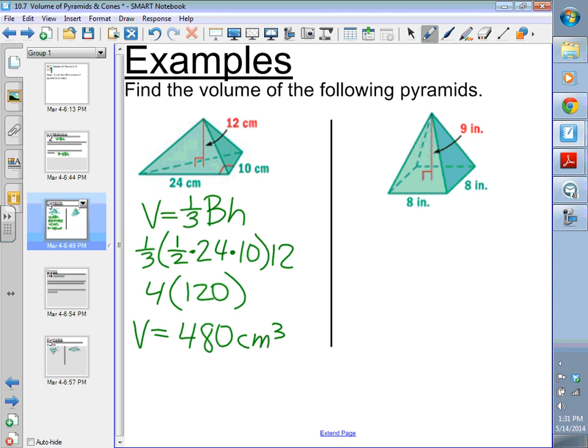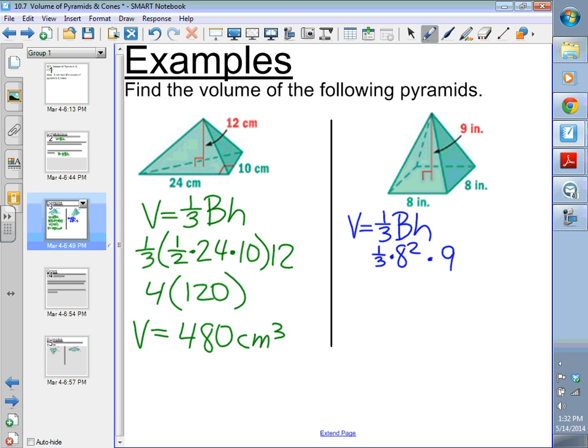All right, on to the next one. Okay, so we have volume, again, 1/3 of the area of our base times our height. And here we have a base that is 8 squared, because it's a square, times 1/3 times a height of 9.